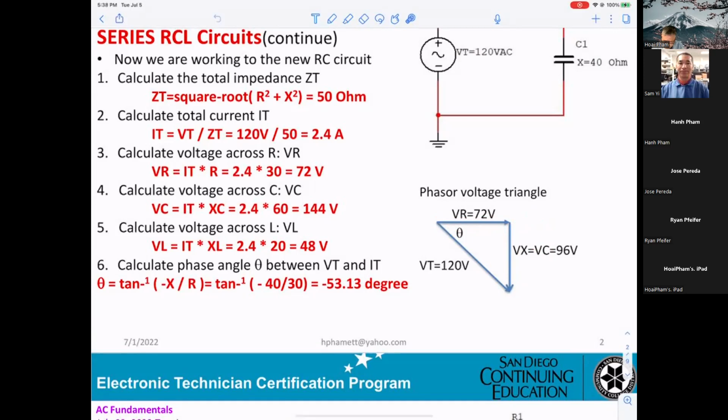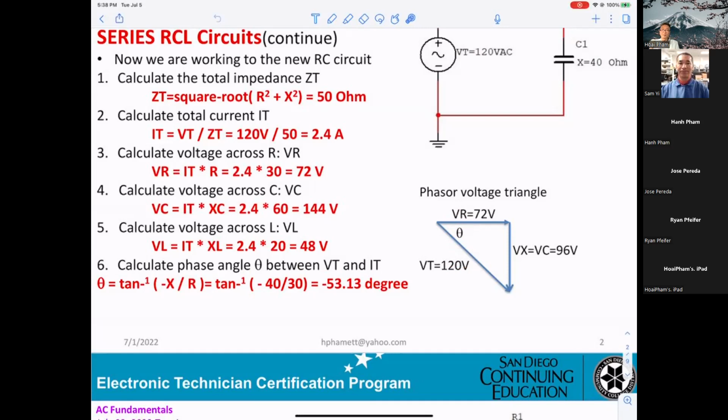Okay, so basically VC will be lagging. That means minus 90 degrees. So that's why you draw that 90 degrees. And when you connect it, you can get the total voltage here, which is 120 volt. And this is the angle. Okay, with the trigonometric formula, that's why you come up with the angle theta.